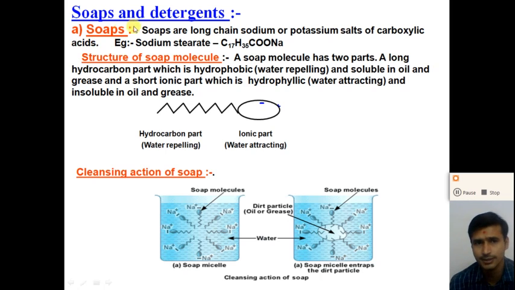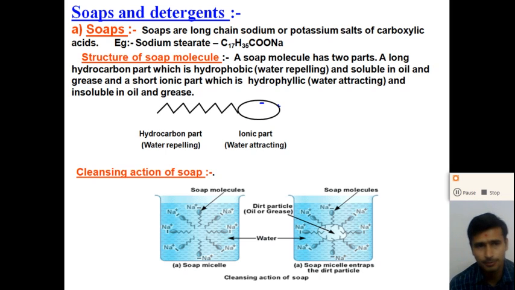Now, what is the structure of the soap molecule? The soap molecule has two parts, one long part and one short part. The long part contains the hydrocarbon part, which is hydrophobic. The hydrophobic part of the soap molecule is a water-repelling part, right?